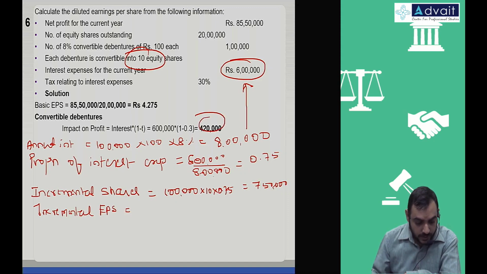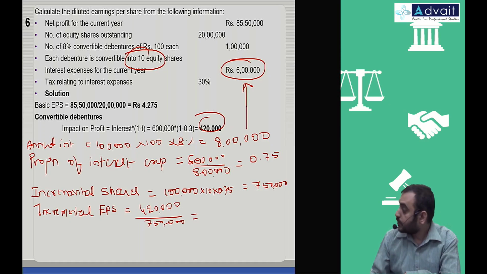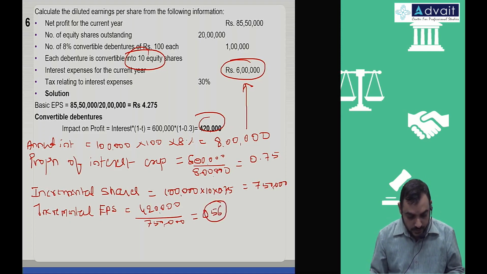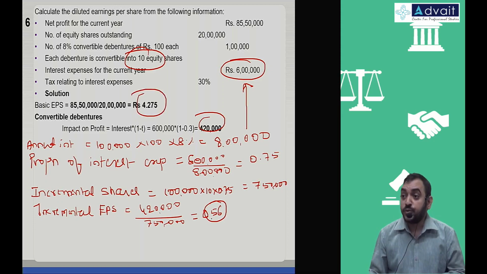This number, 4,20,000, divided by number of shares, 7,50,000, and that is 0.56, and 0.56 is below 4.275. Therefore we say this is dilutive in nature. This is dilutive.